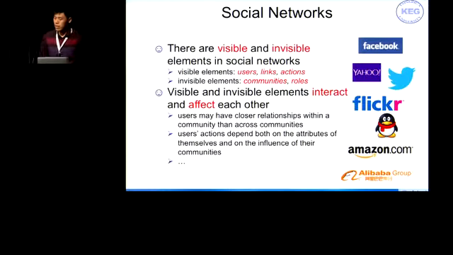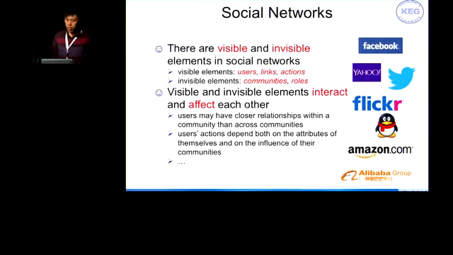So there are visible elements and invisible elements in social networks. The visible elements are like users, links, and actions. And the invisible elements are like communities and roles. These invisible and visible elements interact with and affect each other in many ways, and together they constitute a complex social network system.